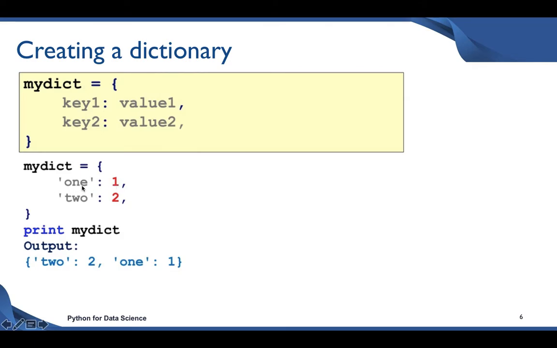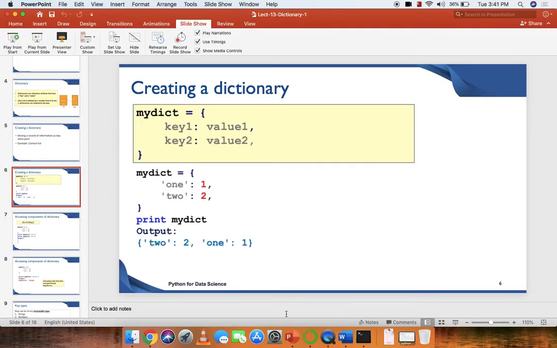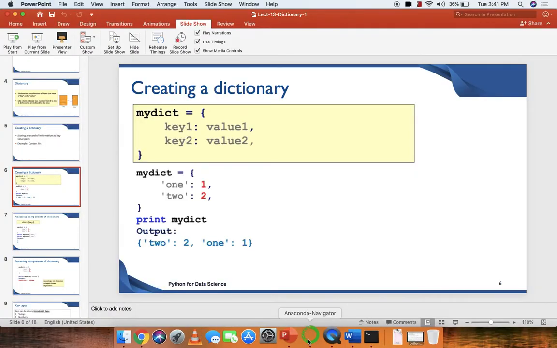This key is a string and this value is an integer. And if we output mydict, we will get it in the form of key value pairs. So let us try to create a dictionary and practice that.